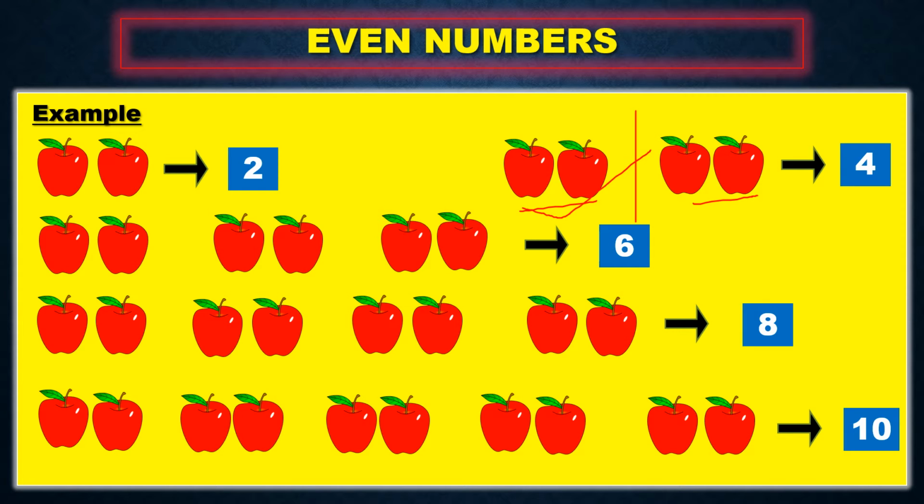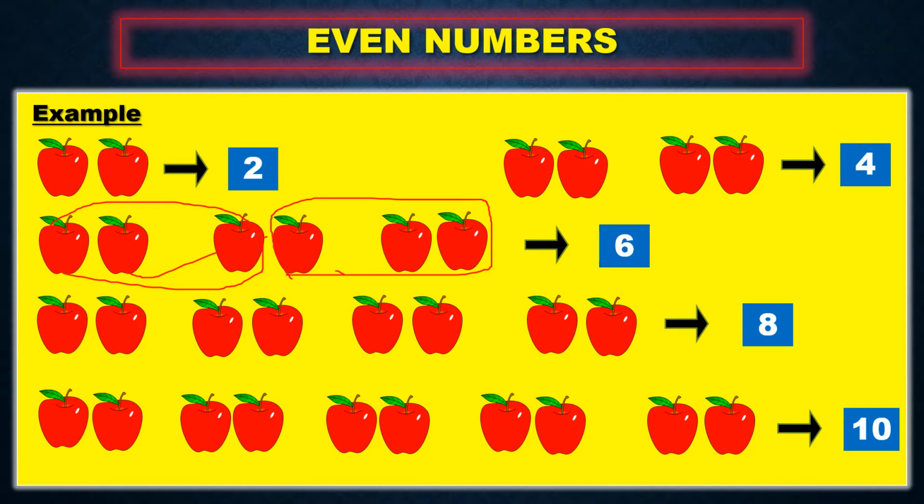This is 2, so this should also be 2. Here 2, 2, 2. I can group them like this also, 3 here and 3 here. If you are distributing them in such a way, 3 apples in one set and 3 apples in one more set, they are distributed equally. When they are distributed equally, then this number is an even number.